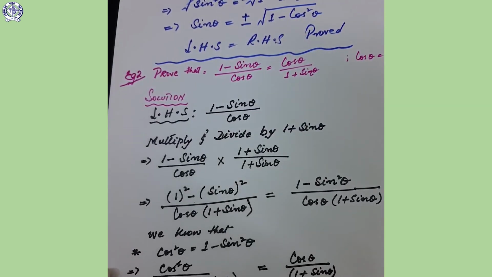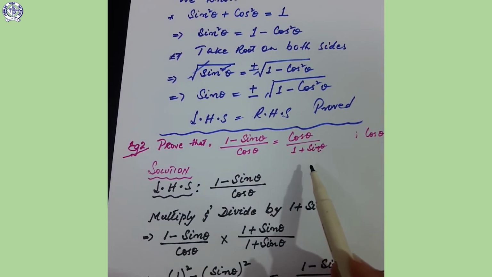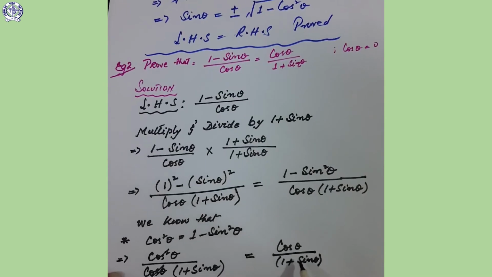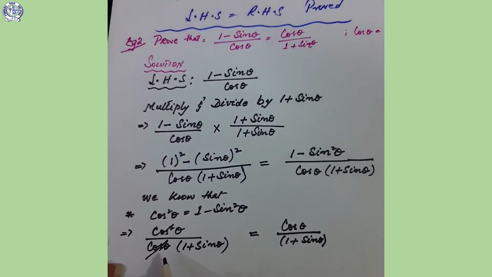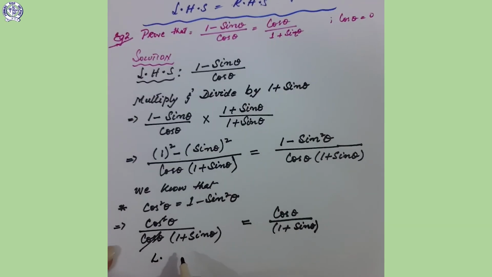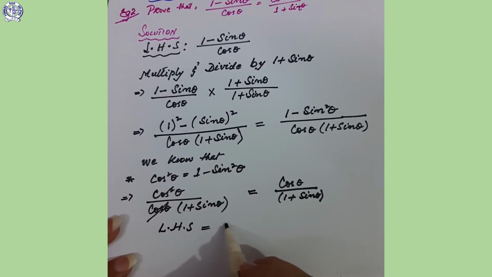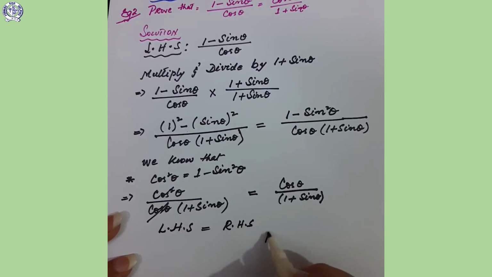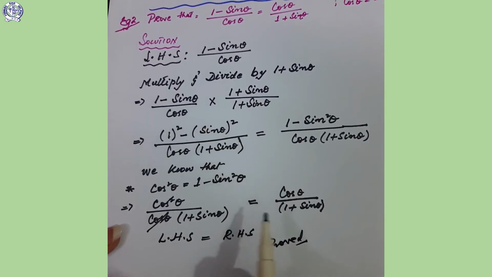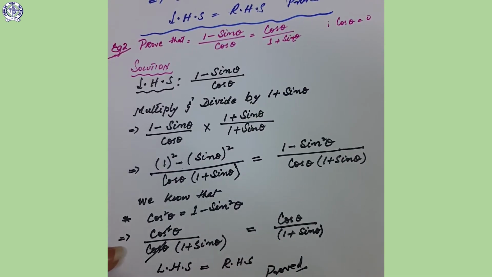If you see the question, the required term is cos theta upon 1 plus sine theta. So you can say that left hand side equals right hand side. We have proved it. Proved. So easy it is. Only if you know the formula you can put the value and then you can easily solve. Okay, another example from your book.